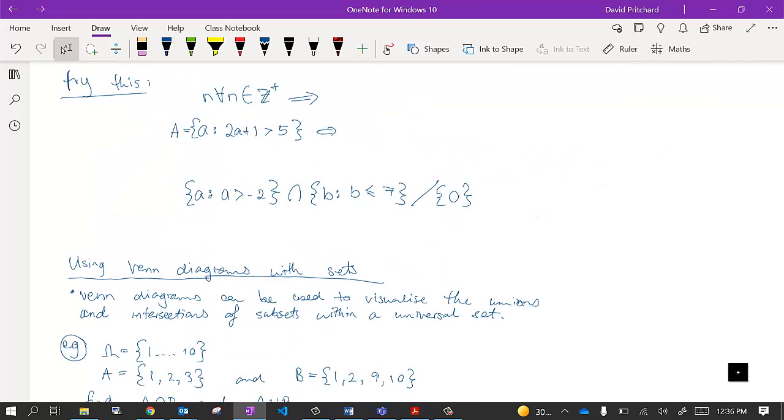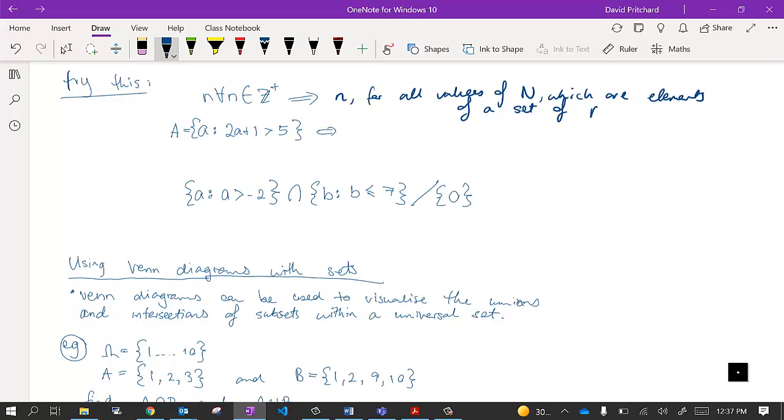Okay, so here's a couple of statements we want to try and understand. Here we've got n, and we've got that symbol for all, and then n an element of the integers, but we've got a plus there, which means positive integers. So this is saying some value n, for all values n which are elements of the set of positive integers.